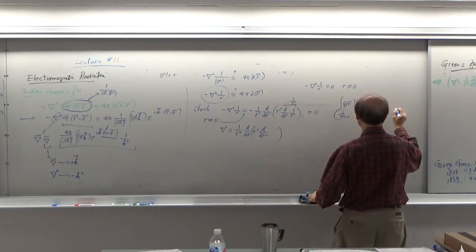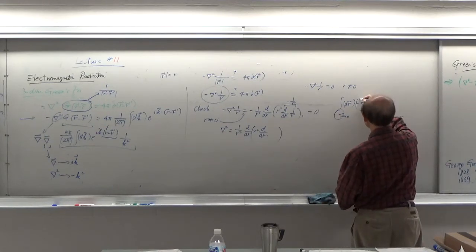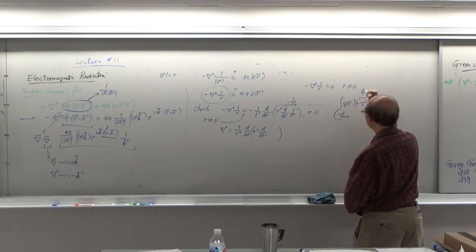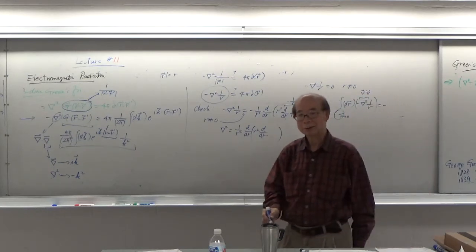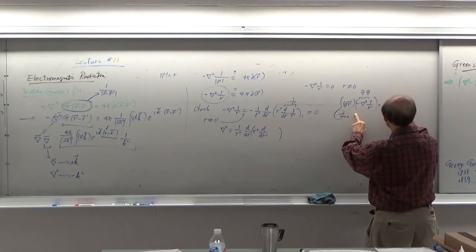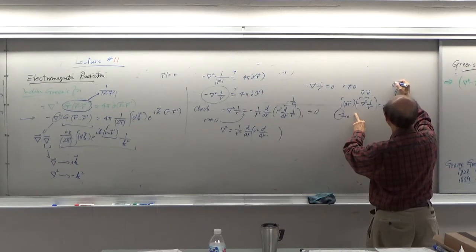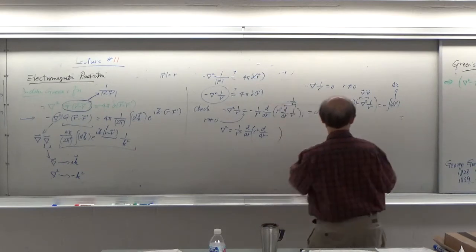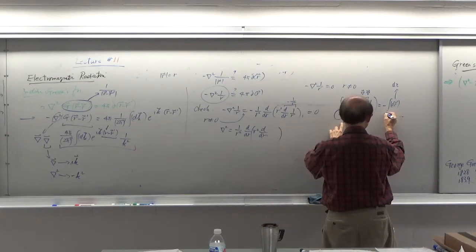This is minus, this is nothing but the divergence of the gradient. So this is minus the integral, dr. And very often we use the notation d tau for the volume integration around a small sphere.